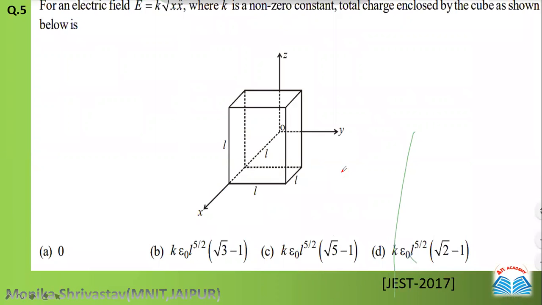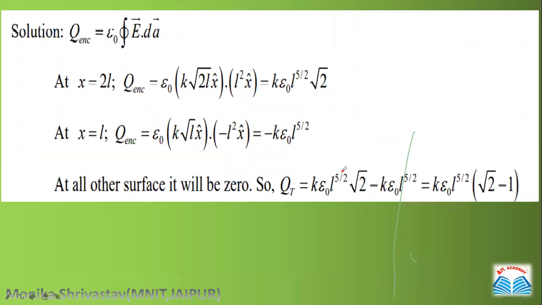Okay, and this question is for you guys. The solution is also given. Electric field is given, and you have to calculate the total charge enclosed. We have done one question like this. This question you will do. This is the solution. You can see and can solve this question.